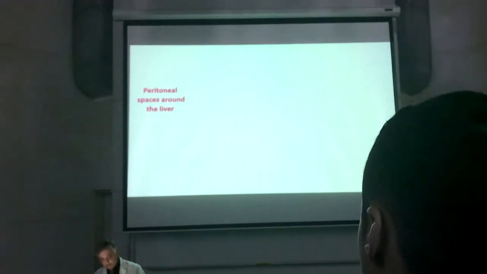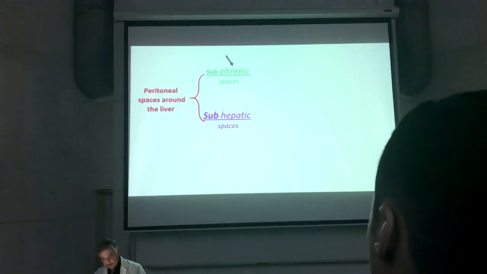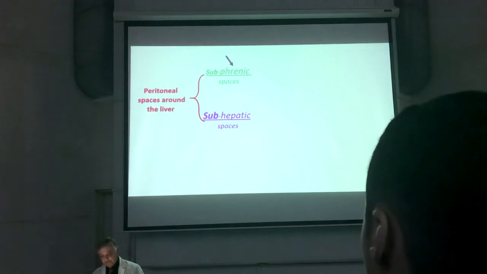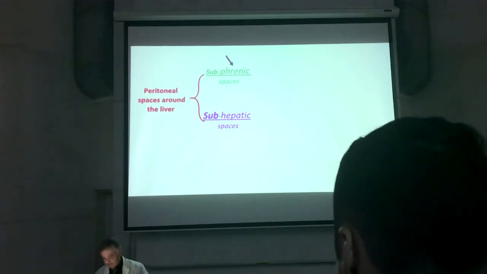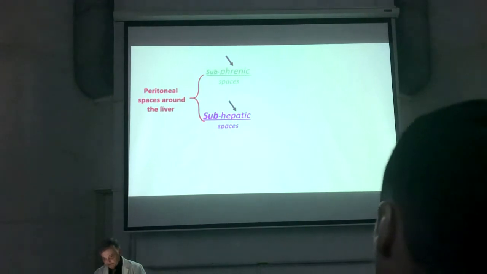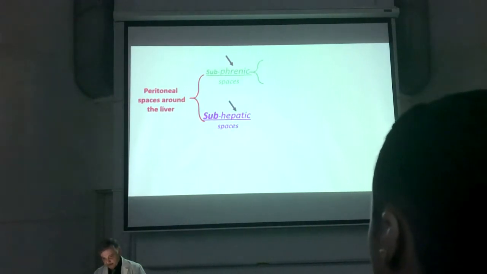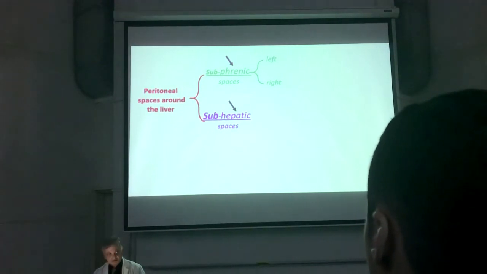Then we have peritoneal spaces around the liver. There are subphrenic and subhepatic. Sub means inferior to the diaphragm and inferior to the liver. Subhepatic, subphrenic, there are spaces on the left and on the right.